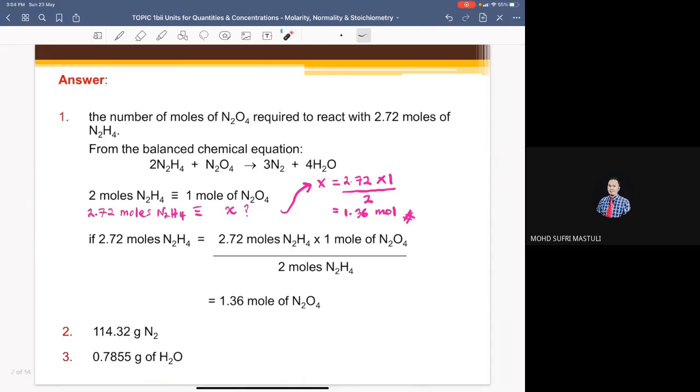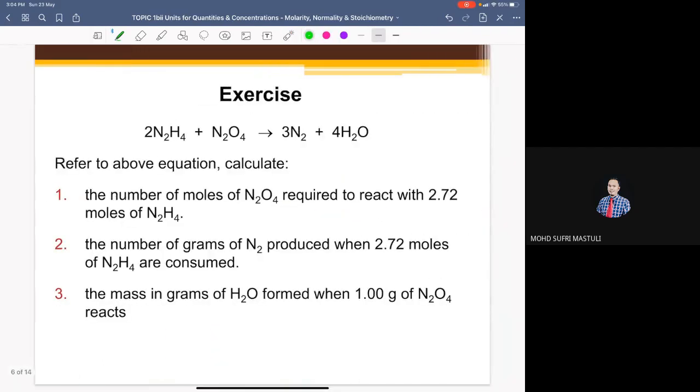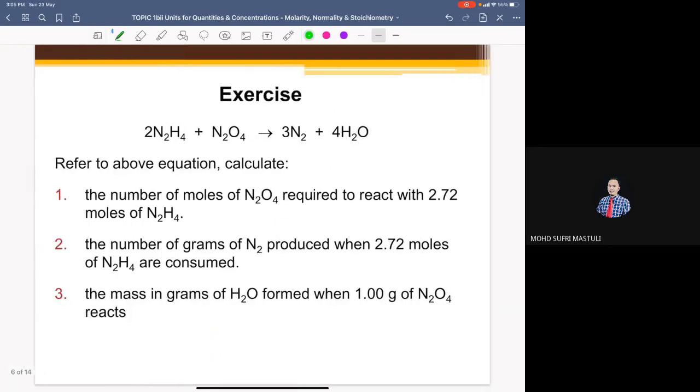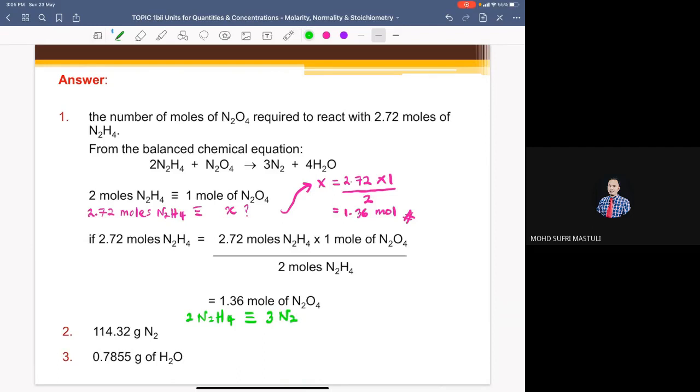From the chemical equation, we know 2 moles of N2H4 will produce 3 moles of nitrogen.